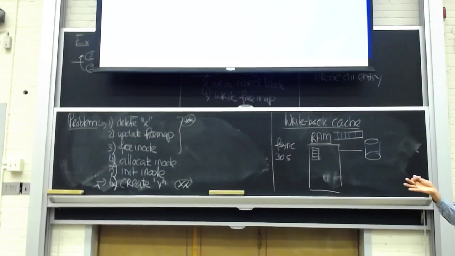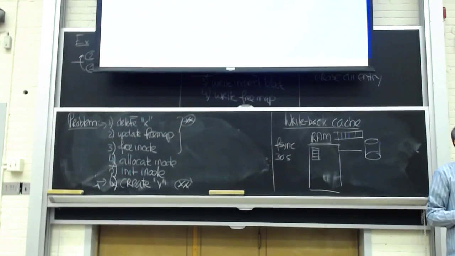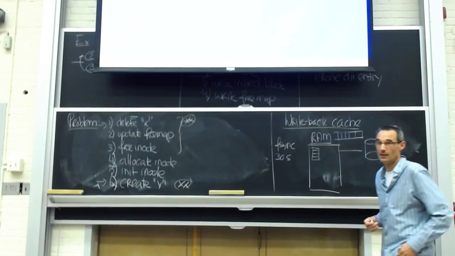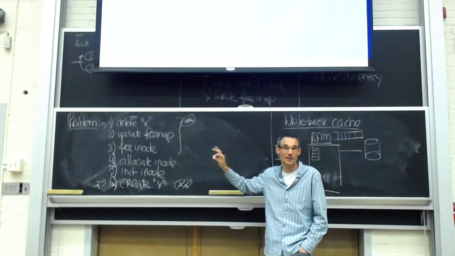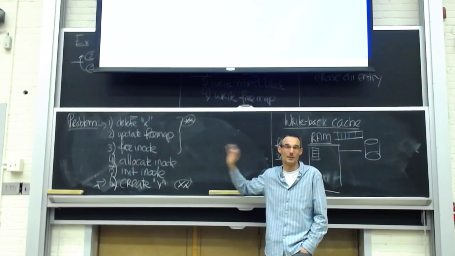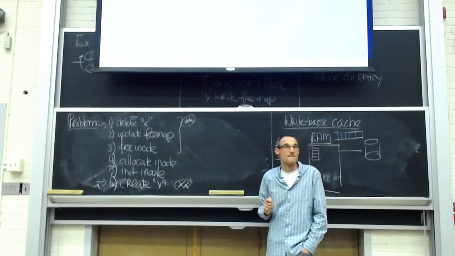Since we don't have synchronous writes anymore, and we can't guarantee in what order things are written, we've sort of lost. Does that make sense? So that's a bummer, right? Because now we've lost consistent data structures without actually having a solution to repair them.